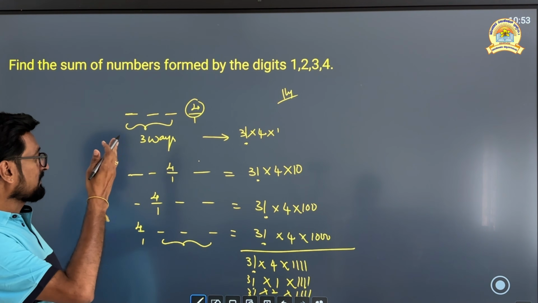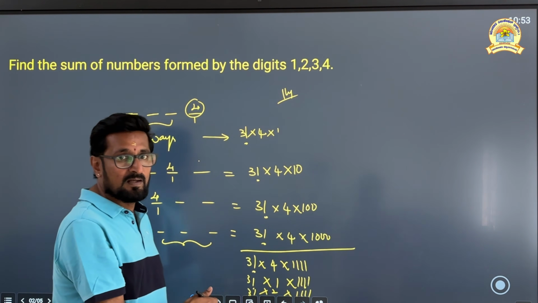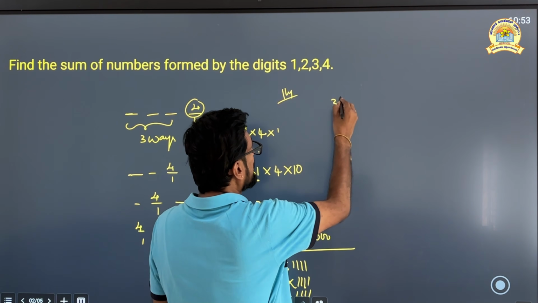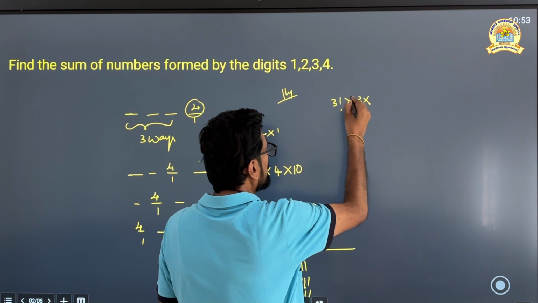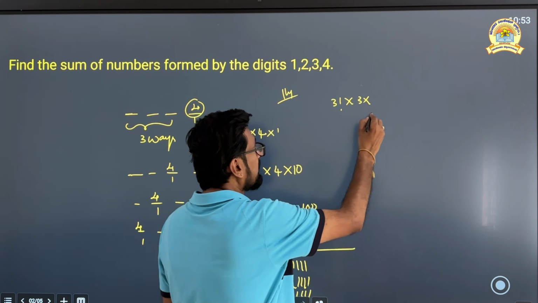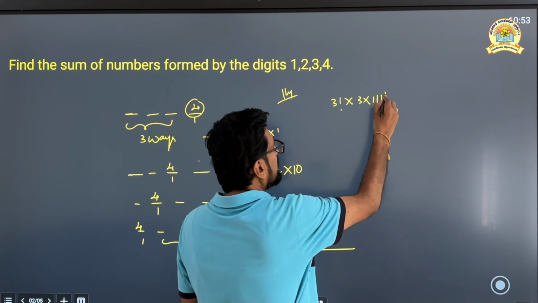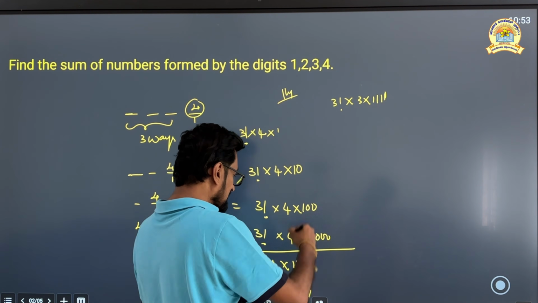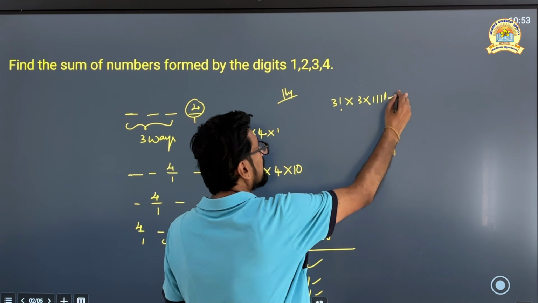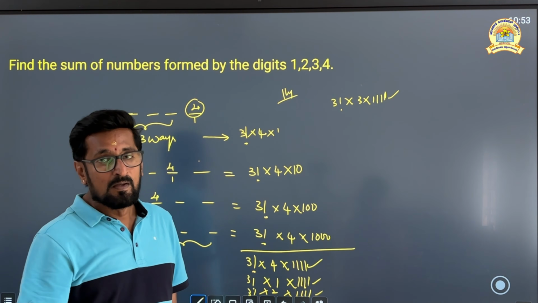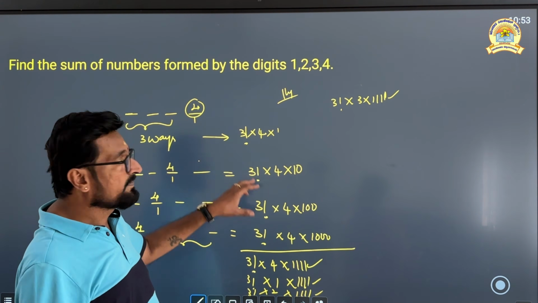Similarly, for 3, the same you are going to get. So if I add these entire 4 quantities, you are going to get the sum. Hence, it becomes a lengthy problem.